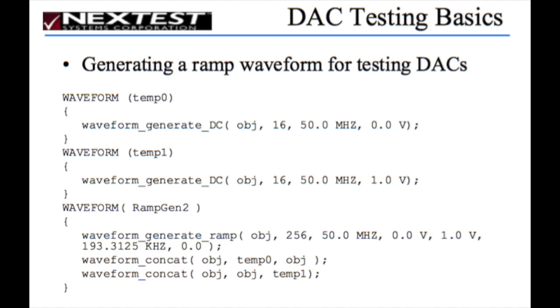And then the next one, waveform ramp gen 2, waveform generate ramp, object 256, 50 megahertz, 0 volts to 1 volt, waveform concatenate, object temp 0 to object, and waveform concatenate, object temp 1. And that generates your ramp.